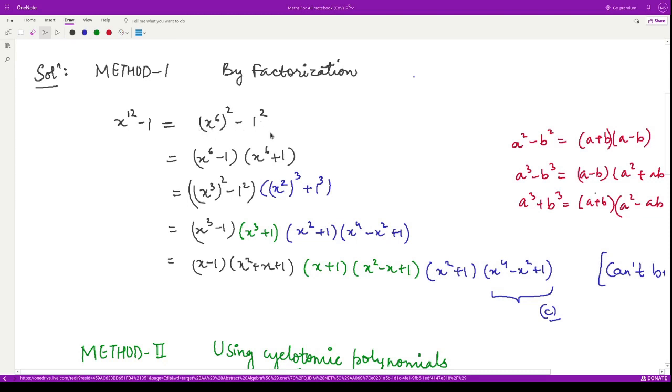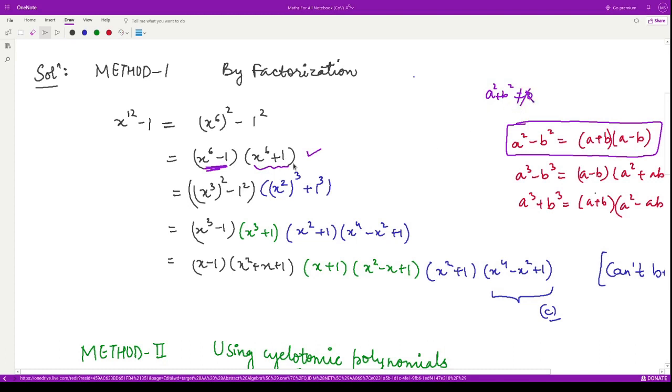And now we can apply the formula a square minus b square is equal to a plus b and a minus b. So this comes out to be x to the power 6 minus 1, x to the power 6 plus 1. Again, you can write this factor as x cube squared minus 1 square. And if you write the same for this factor, it won't work because we do not have any formula for a square plus b square. There is no such formula.